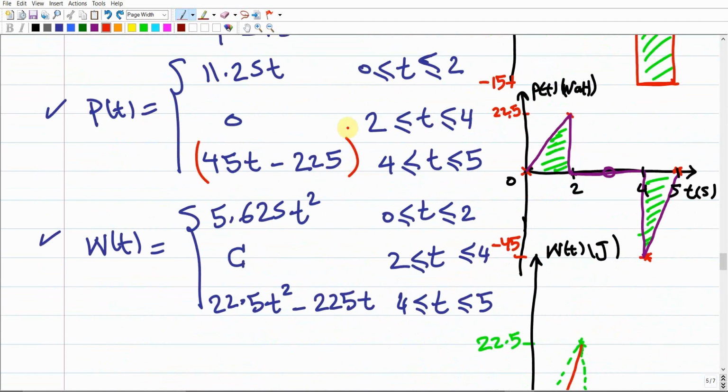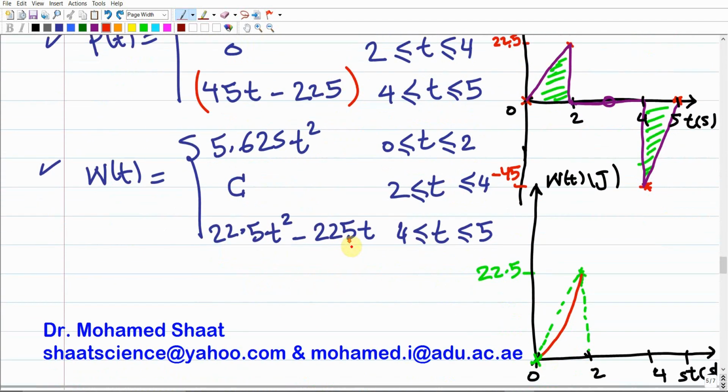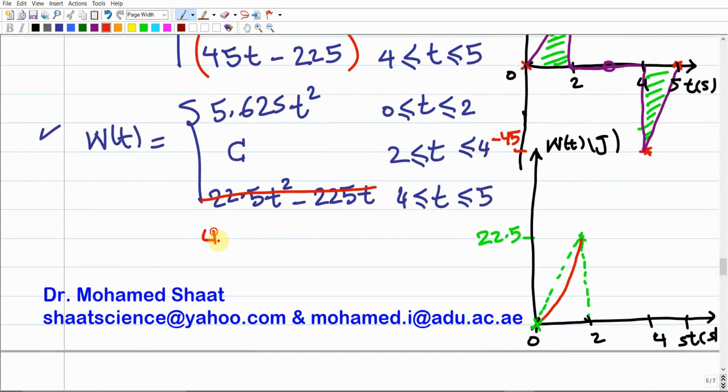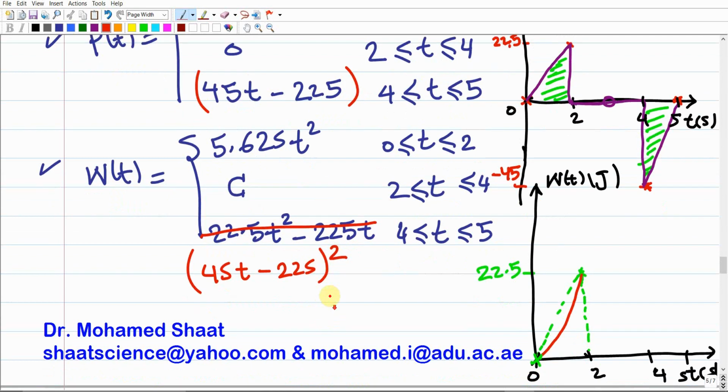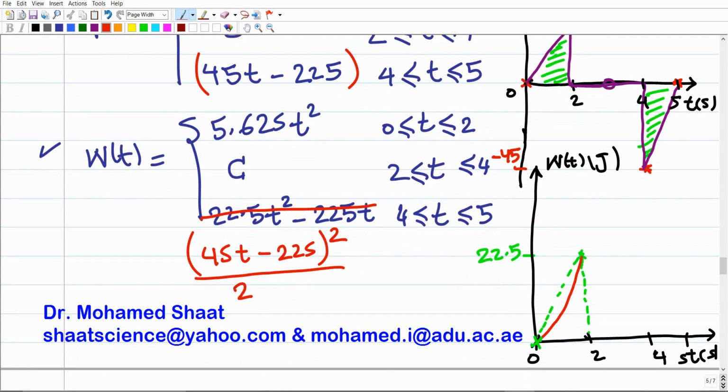So if we work with this one as a parenthesis, this one should be removed and replaced by 45t negative 225 squared. This should be squared because if I ask you to do the integral of this bracket, you add a square and divide by the new exponent, which is 2, times the derivative of what is inside the parentheses.